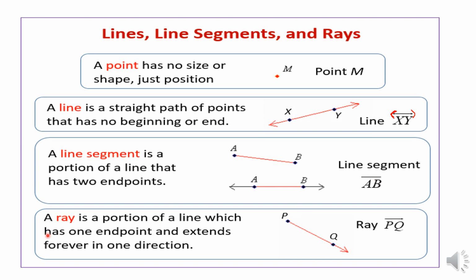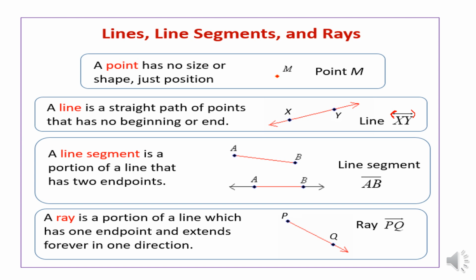Now let's go to the ray. What do I mean by a ray? A ray is a portion of a line which has one endpoint and extends forever in one direction. Again, the ray is a portion of a line. Why do we say it is a portion of a line?